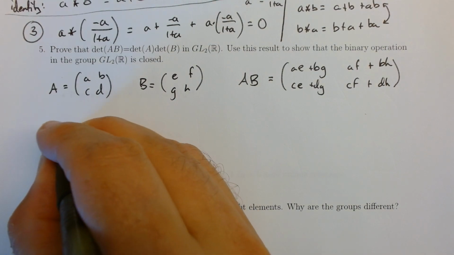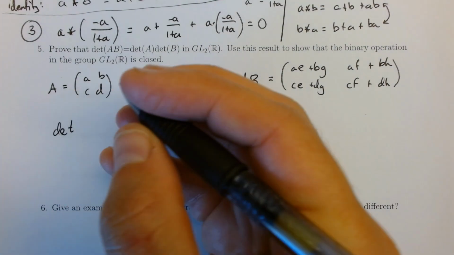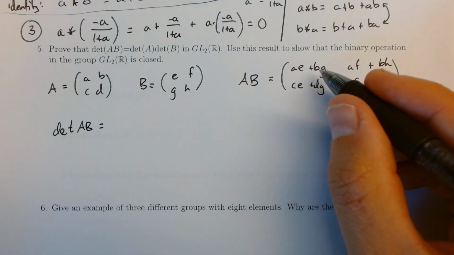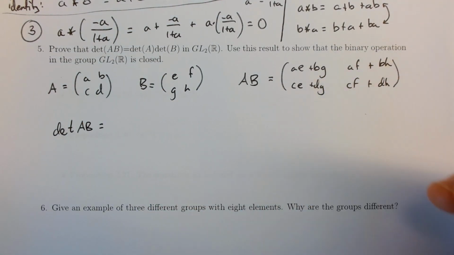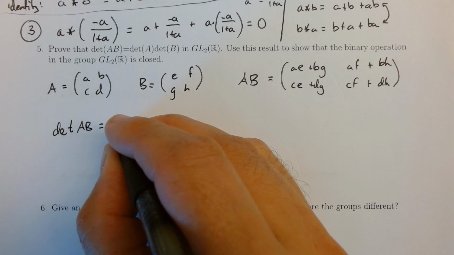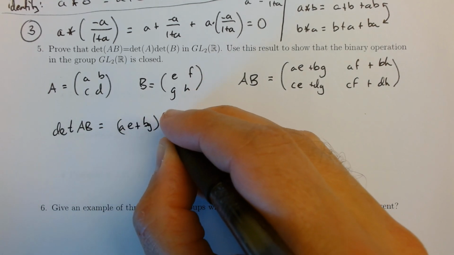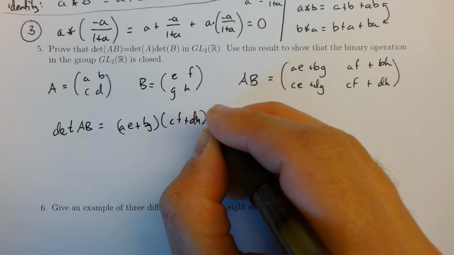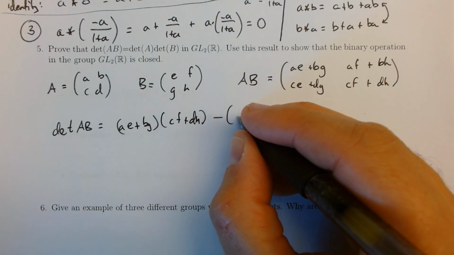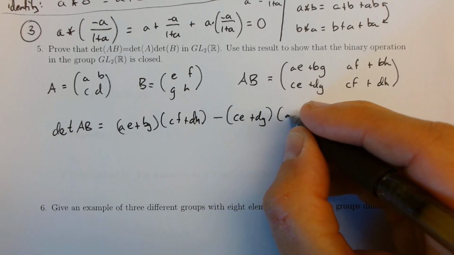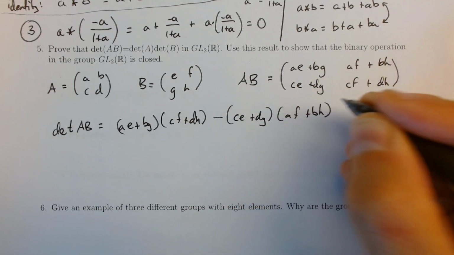And then the determinant of that product, well, determinant of a 2 by 2, you multiply here, subtract this product. So it's AE plus BG times CF plus DH minus CE plus DG times AF plus BH.